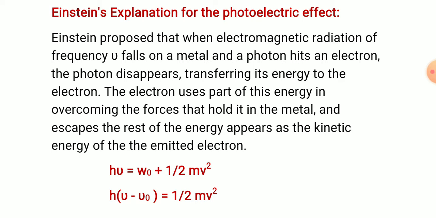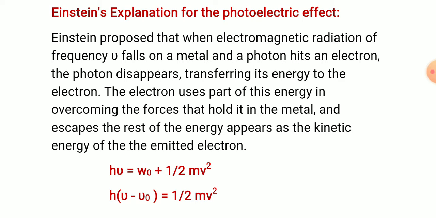So when you fall light of frequency nu on a metal surface, first the electron will eject. For ejection of an electron, some minimum energy is required, which is called work function, that is h nu 0. You have fallen light of frequency nu, so the energy is h nu.